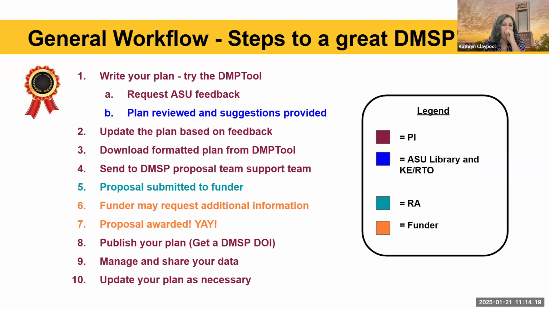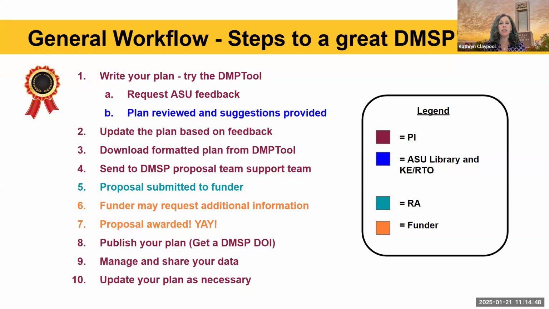And then the proposal is submitted to the funder by the research administration. And then the funder will either request additional information, or they will reward or award you, yay, hopefully. And then after you get your proposal awarded, you can publish your plan and get that DMSP DOI that I was speaking of, that Matt will show you about.